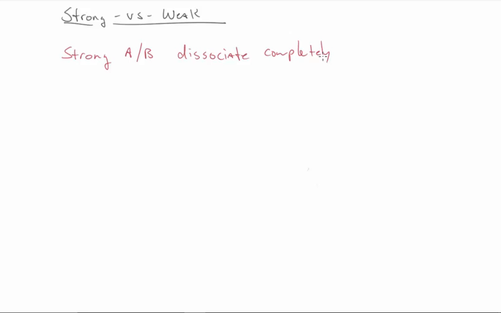What that means is that every possible hydrogen ion is going to be released, or every single hydroxide ion is going to be released. The opposite of that is a weak acid or base. They don't dissociate completely.